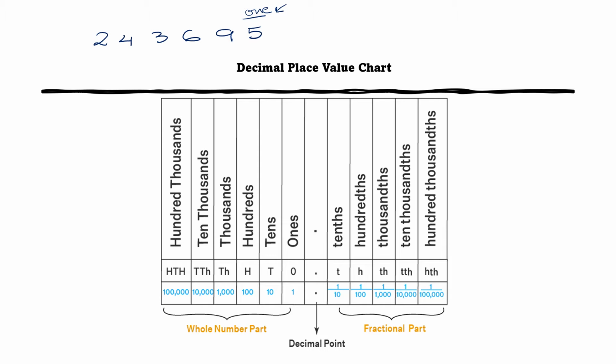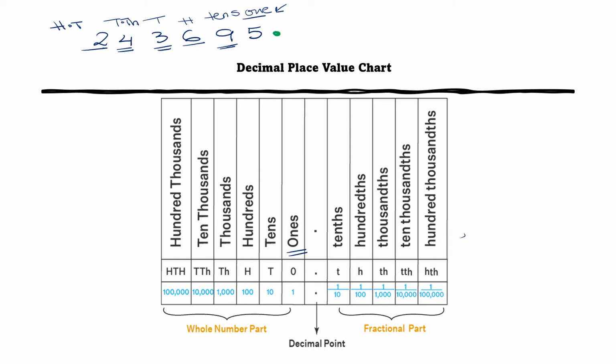Then this number will be tens, and this 6 will be hundreds. Then 3 will be thousands, then this 4 will be 10,000s, and this 2 will be 100,000s.